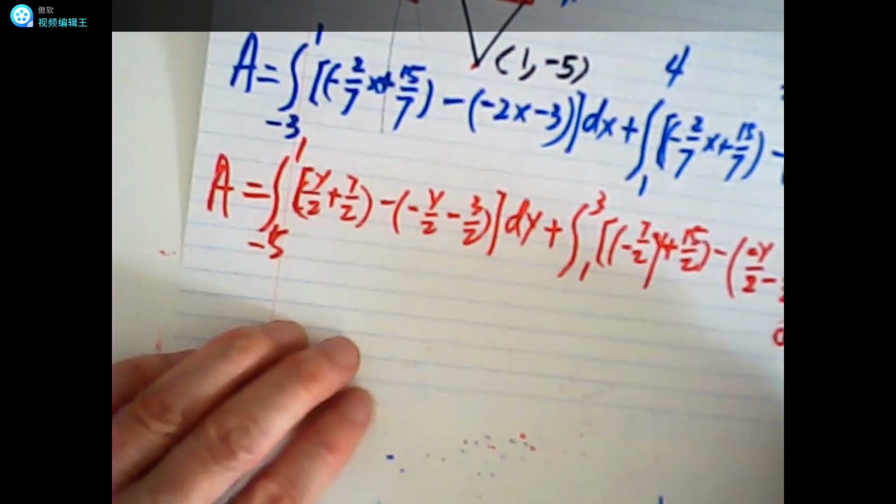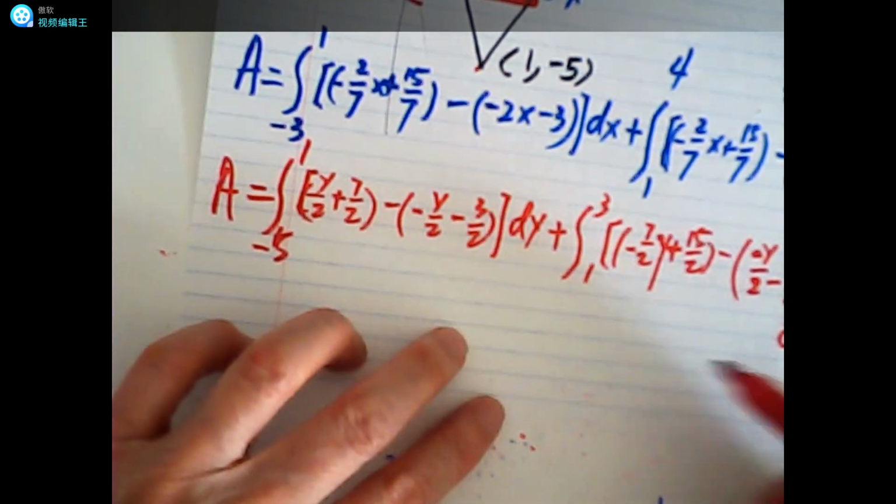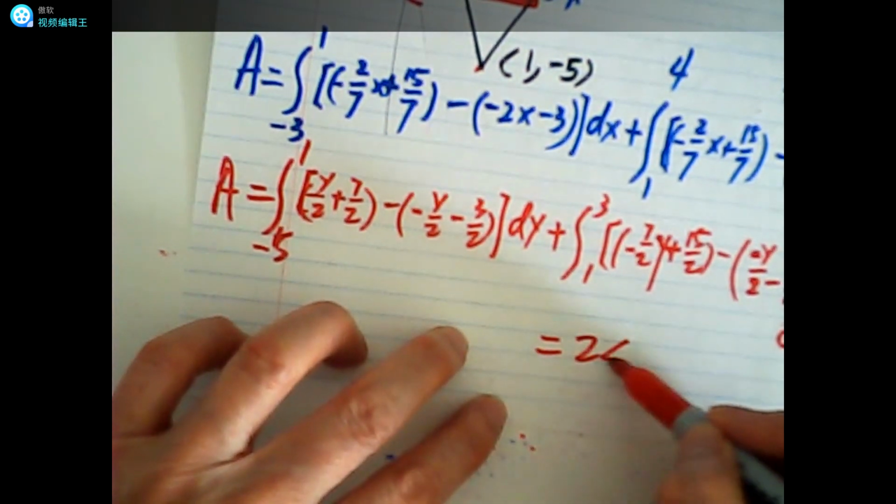Then I go through the calculations, which is not difficult, rather a little tedious, and it is equal to 24.